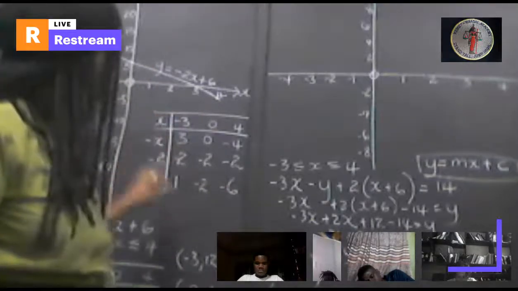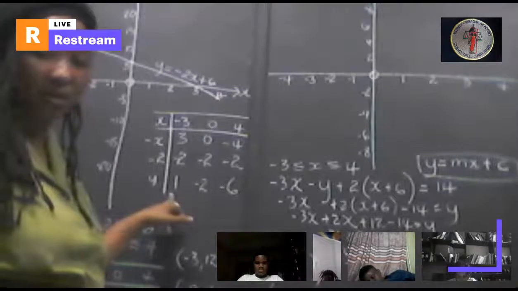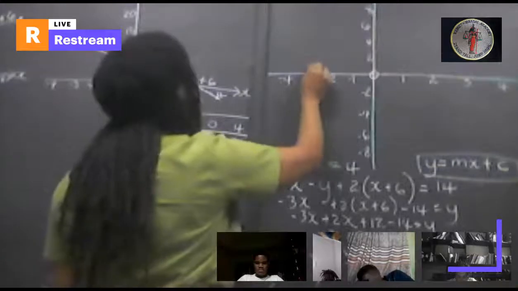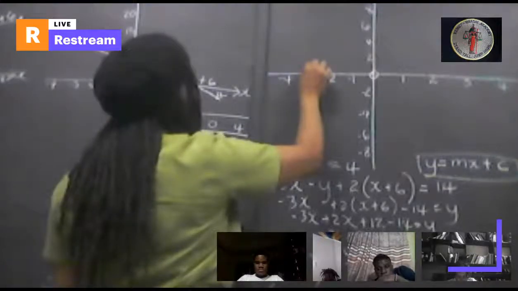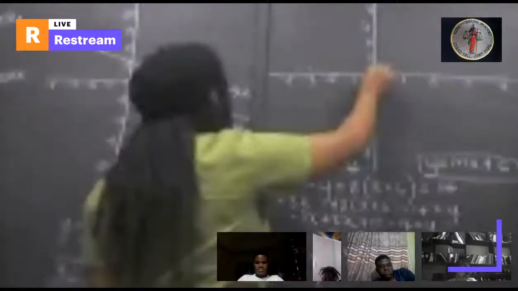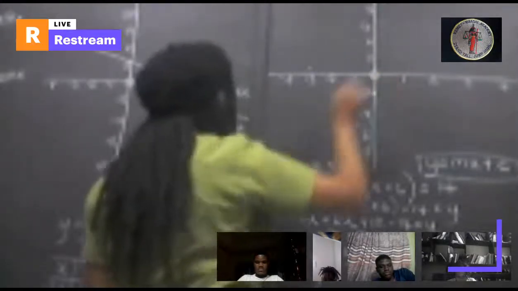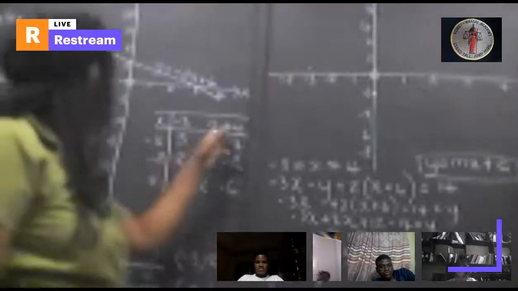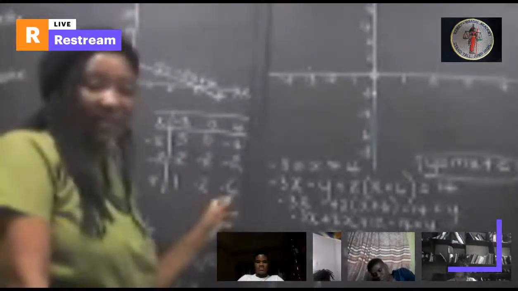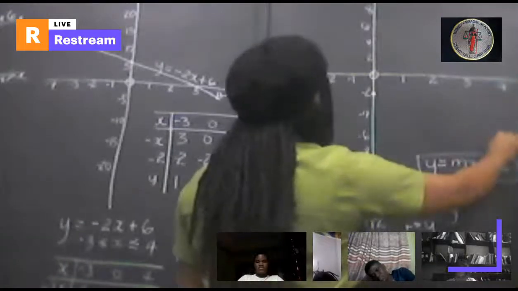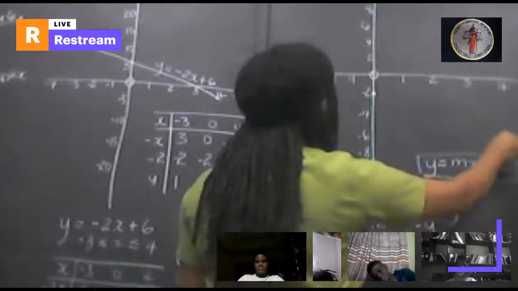So it's negative 3 on the x to 1 on the y, 0 to negative 2, so that's 0 and then down negative 2 on the y, and 4 to negative 6, so 4 on the x and down from there to negative 6.